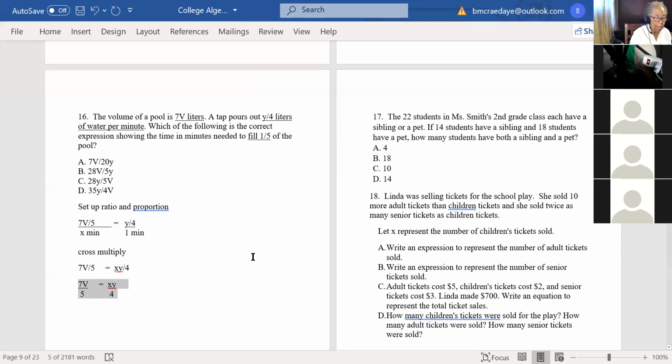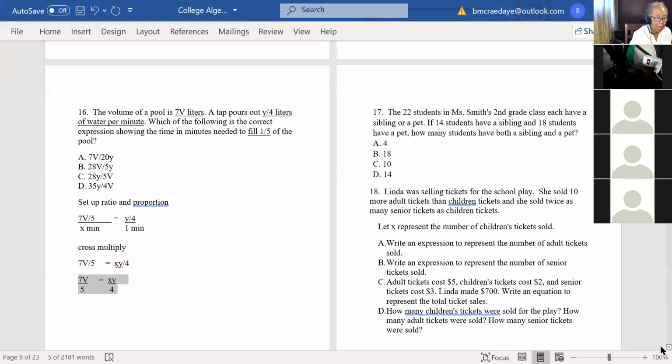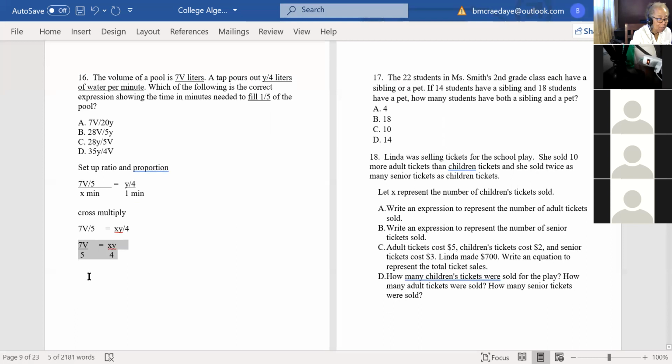Okay, now cross multiply. What do you get? 4 times 7V would be what? 28V. That's right, Audrey. So you have 28V, and what's 5 times XY?